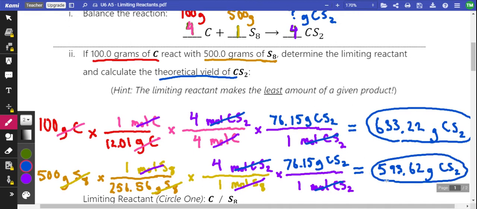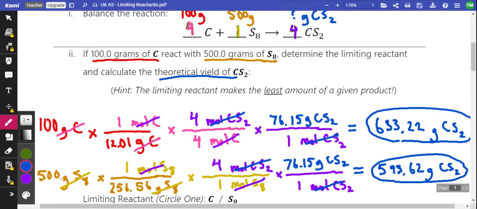Okay, so if everything went the way I needed to and I had plenty of carbon to react this with, I could use 500 grams of S8 to make 593.62 grams of CS2, which is less than what I could make with my 100 grams of carbon, which is interesting. So even though I'm starting with more grams of S8, I can't make as much CS2 with this.